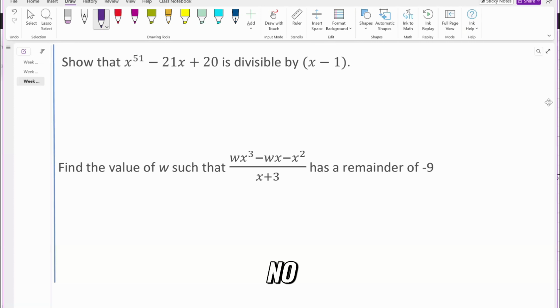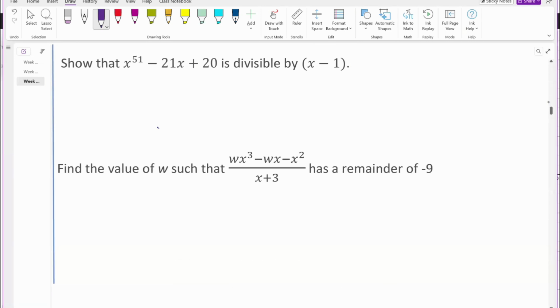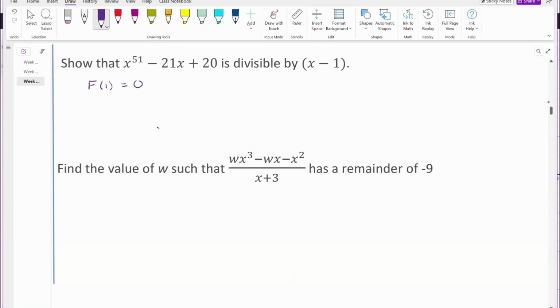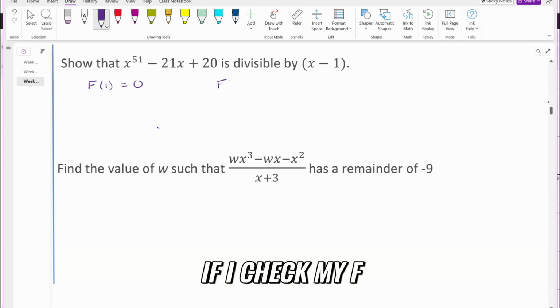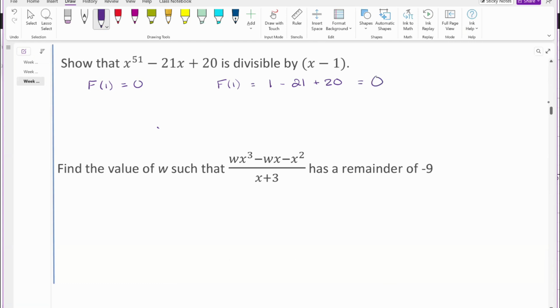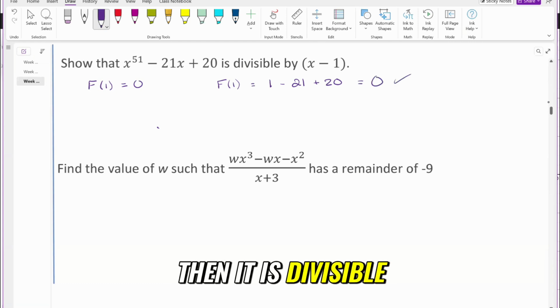No. But I can say that it means that my f of 1 has to equal 0, right? So if I check my f of 1, I get 1 minus 21 plus 20. Does that equal 0? Yes. Then it is divisible.